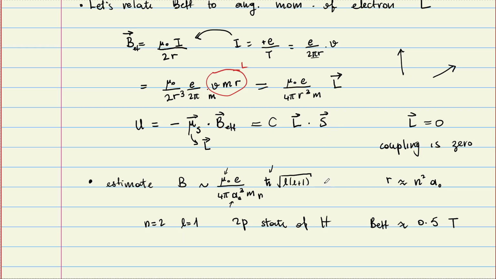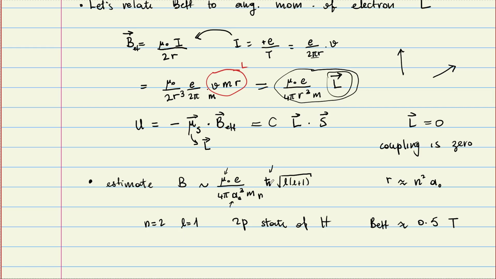How did you think about n squared a naught? Maybe I can derive it in a little bit. So no, I'm not asking that. You inserted that into the equation and you just wrote n. So this is the equation I derived earlier, right? Do you have any problem with this? No. So I just copied this, and here I have to substitute two things. First is the angular momentum, and for angular momentum I use what I know.